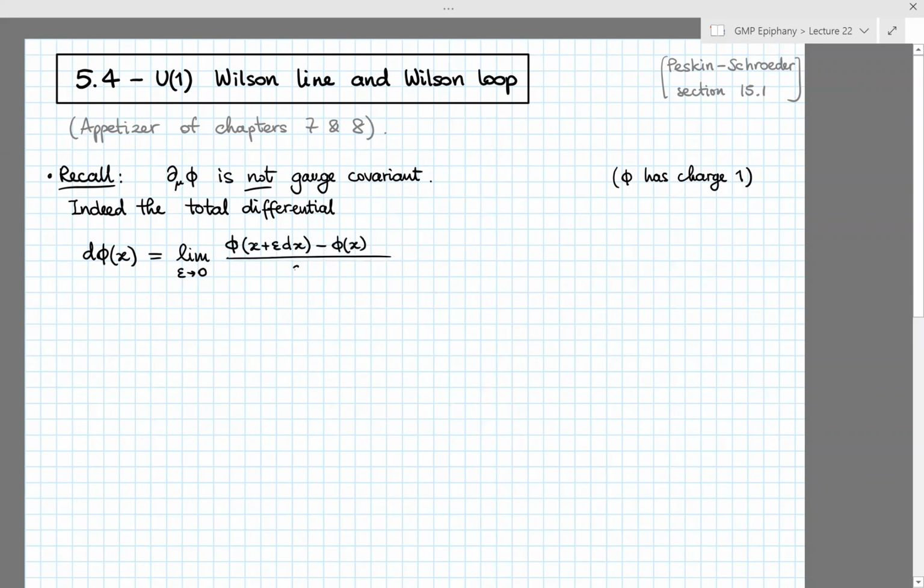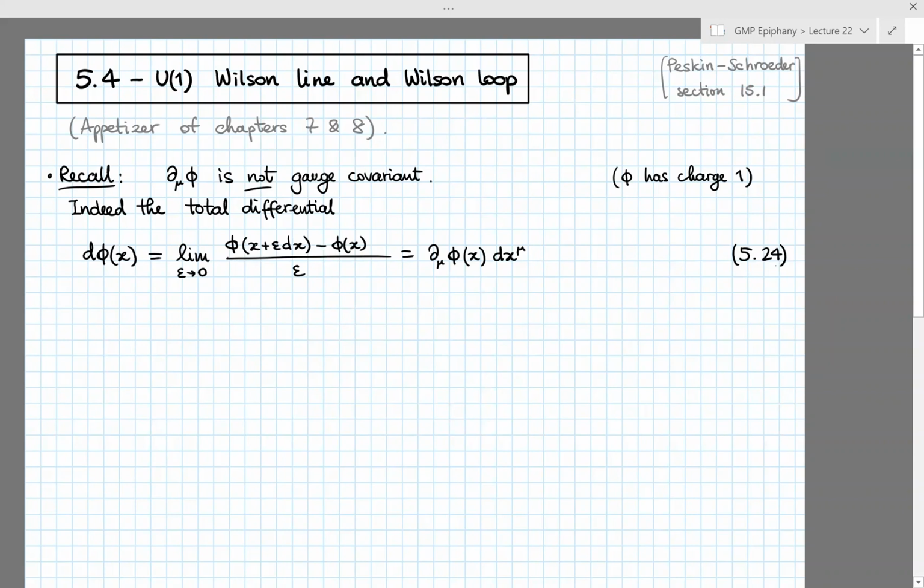And epsilon here is a bookkeeping parameter that I take to 0 in the limit. And then if you Taylor expand the numerator, you just need to keep the linear order in epsilon. You take the limit, and you see that this is the partial derivative of phi in the x mu direction times dx mu, the infinitesimal increment in that direction, summed over mu.